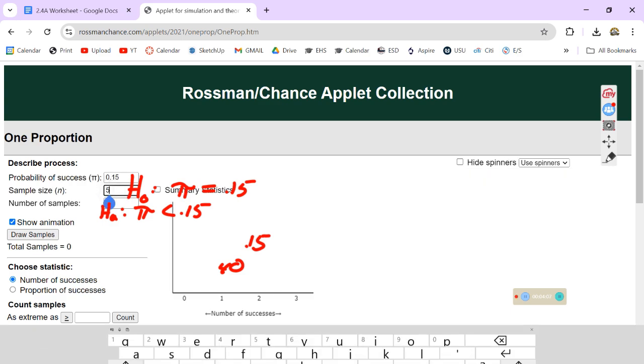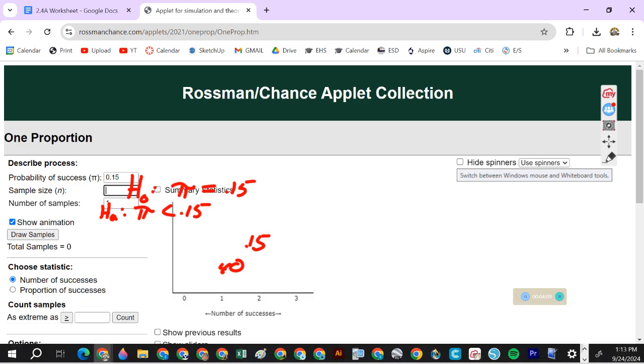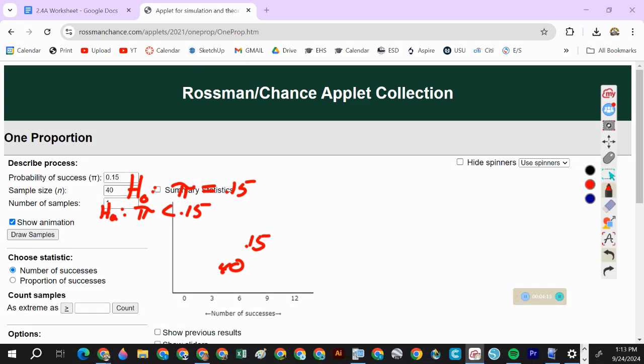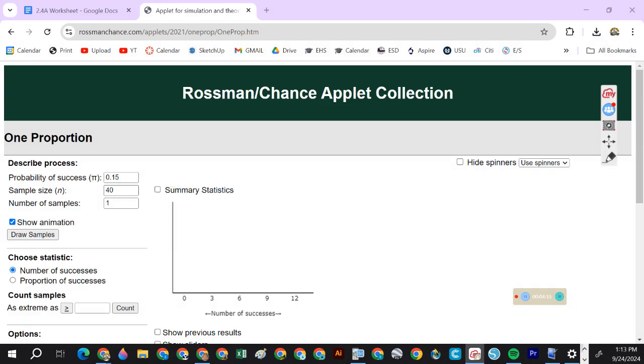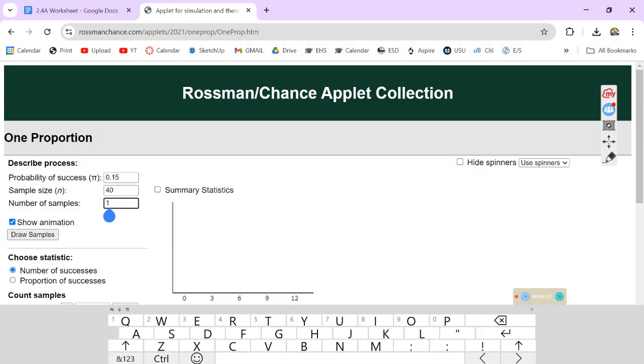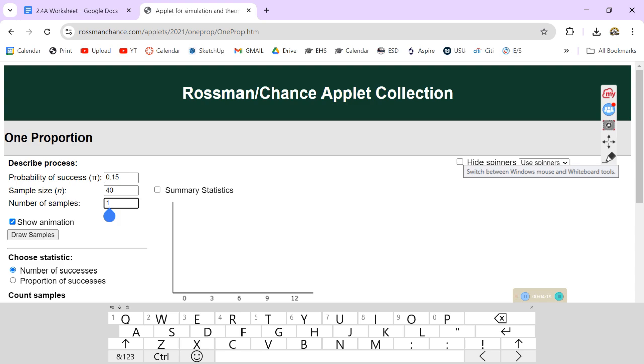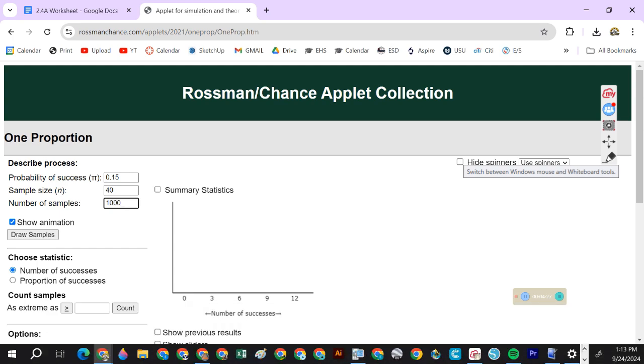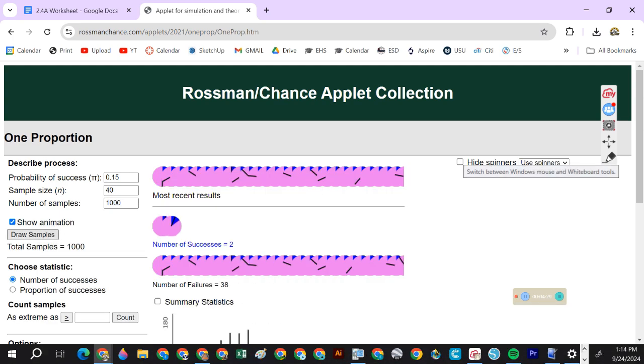Okay. And then my sample size is going to be 40. And how many samples should I run? A lot. Doesn't really matter, as long as you do a lot. So if I do 1,000, draw the samples.